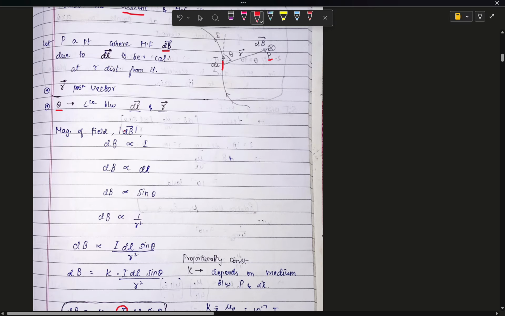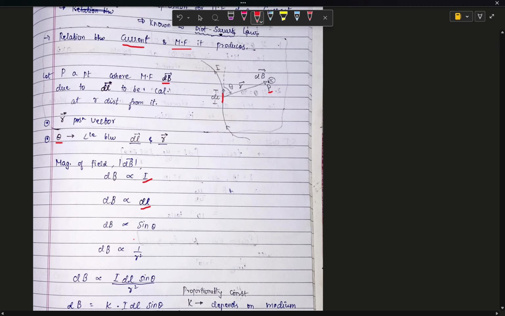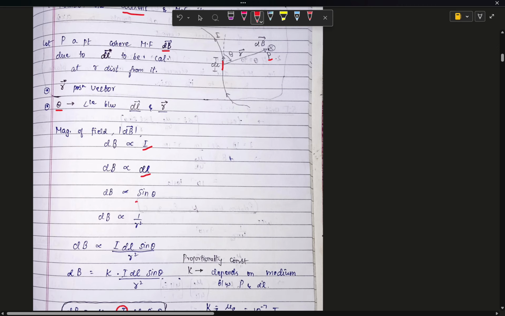The magnetic field produced at point P is directly proportional to the current flowing in the conductor, directly proportional to the length of the conductor, also proportional to the sine of the angle between them, and inversely proportional to the square of the distance between them.